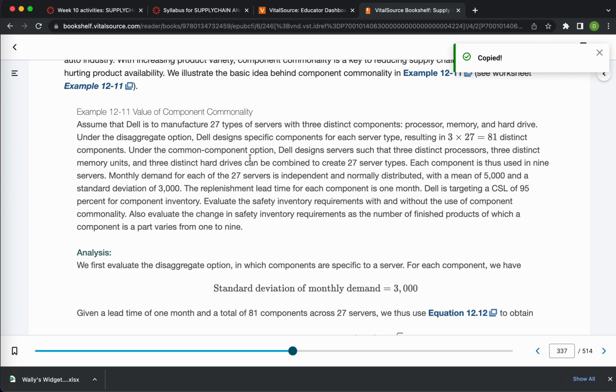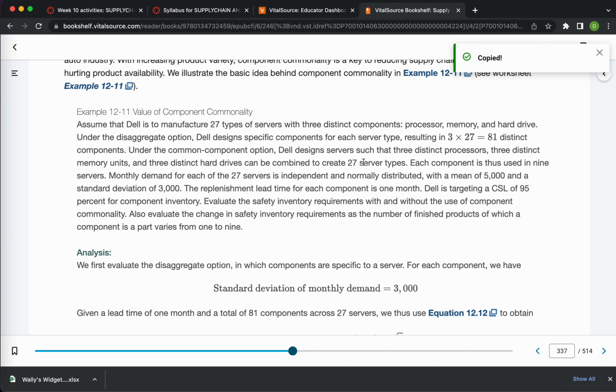Under the common component option, Dell designs servers such that you have three distinct processors, three distinct memory units, and three distinct hard drives that are used to create the 27 server types. And the mixture of these is what gives you the 27 server types, right? 3 times 3 times 3, that's 27.